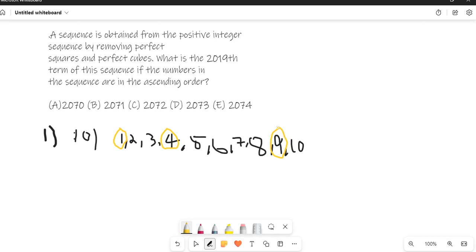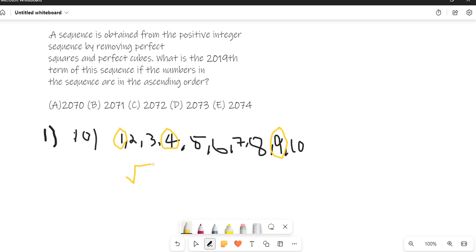If we have very few numbers, it's very easy to see. But how could we tell how many perfect squares there are before 2019? There will be so many perfect squares. So how can we do it? There is an easy way to tell that.